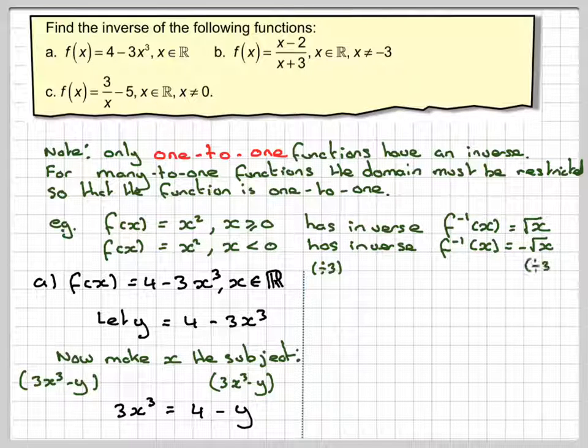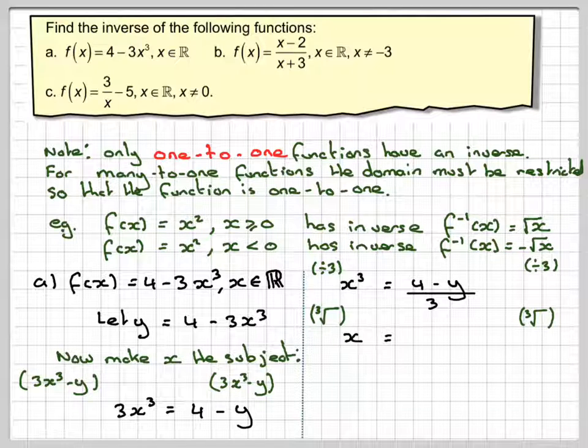Now we're going to divide both sides by 3. We're trying to make x a subject, so that will give me that x cubed is equal to 4 minus y over 3. And then in order to find x, we need to take the cube root. So the cube root of both sides will make it x is equal to the cube root of 4 minus y over 3. So you have to put that little 3 in for the cube root.